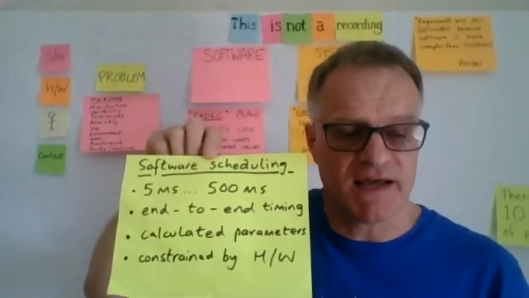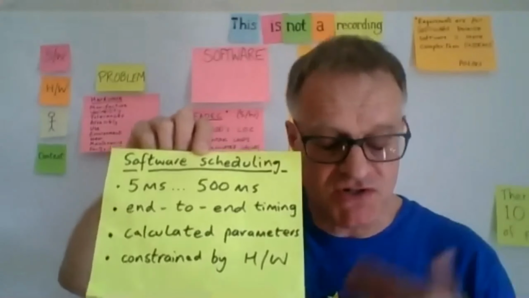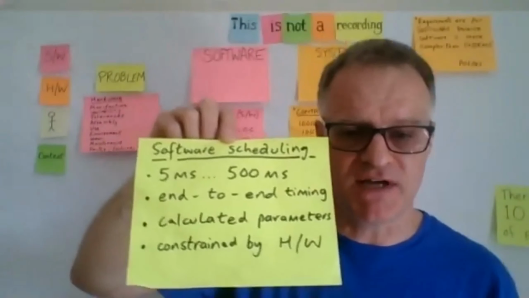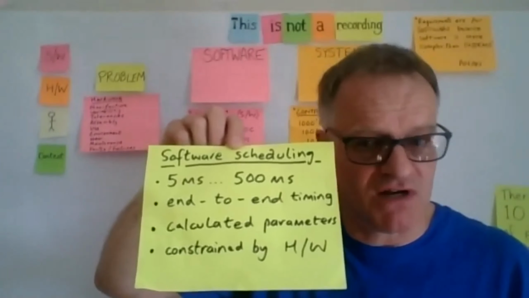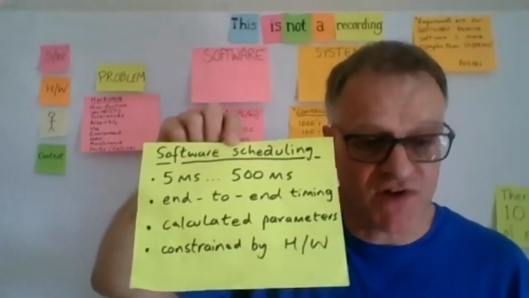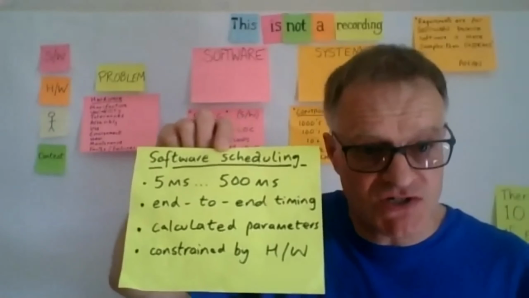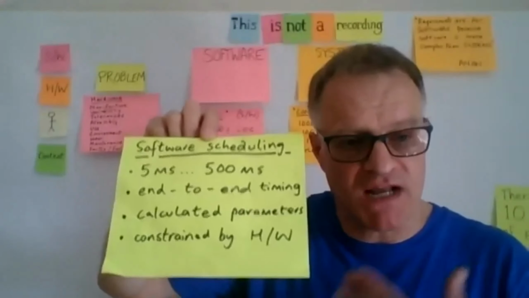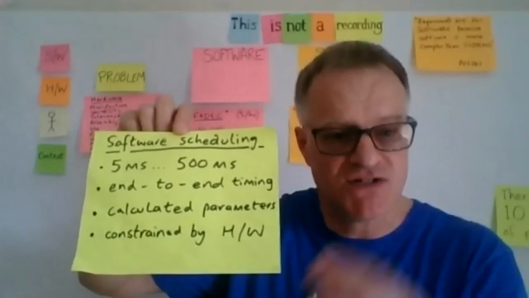So there are numerous calculations that go on, that are scheduled and continually operate, some of which operate every 5 milliseconds, some of which are 10, 20, 50 milliseconds, 500 milliseconds. But for some functions, you need to be able to show an end-to-end response time from when an event occurs until the engine responds.